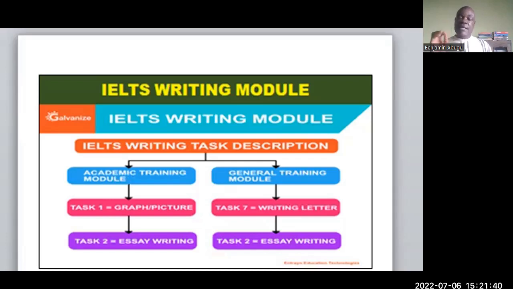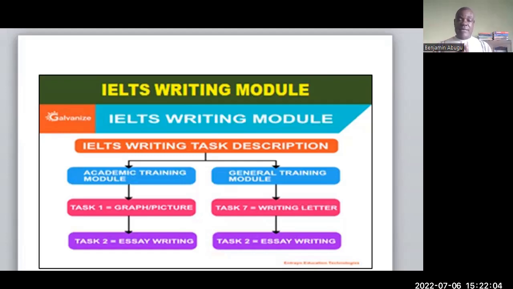Now, the writing test has 2 tasks in each module, while the general has 2 tasks as well, okay? General has letter writing in task 1 and essay writing in task 2.